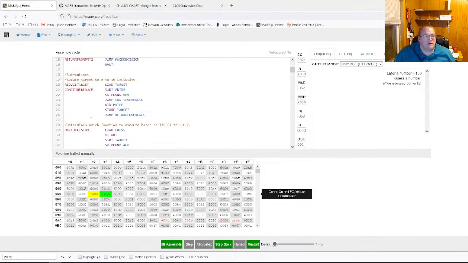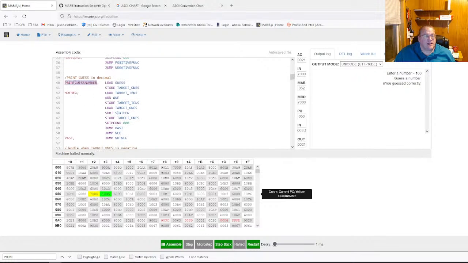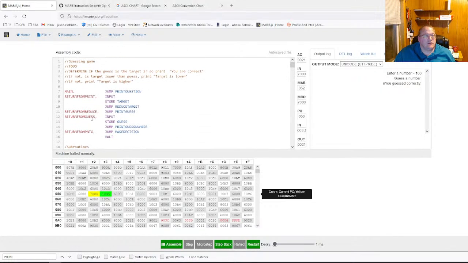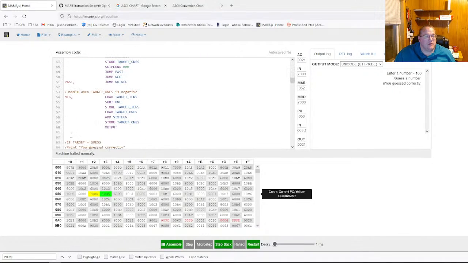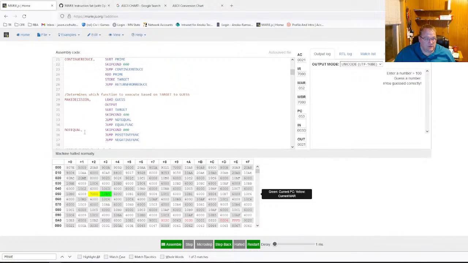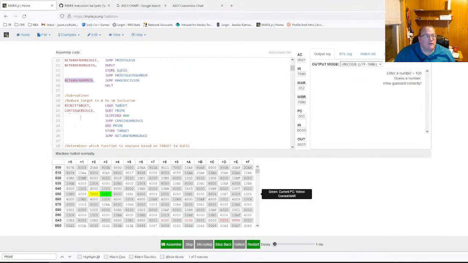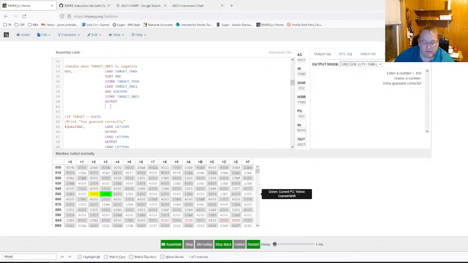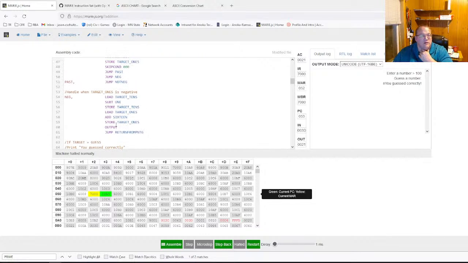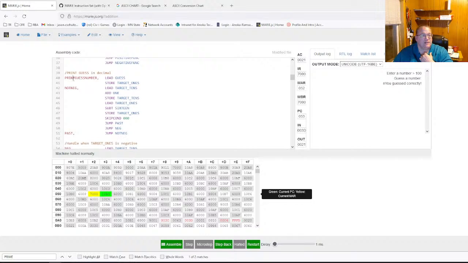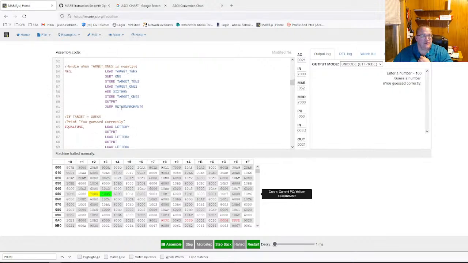So after this is print the guess number. So print. I want to do this. So copy and do a jump to there. So the only place we're going to get out of this print guess number is down here.